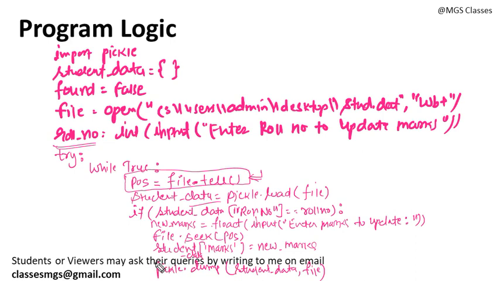So this will update the record, and if the record is found, then we are going to update the found variable as True. Now I will continue this code here because there is no space.